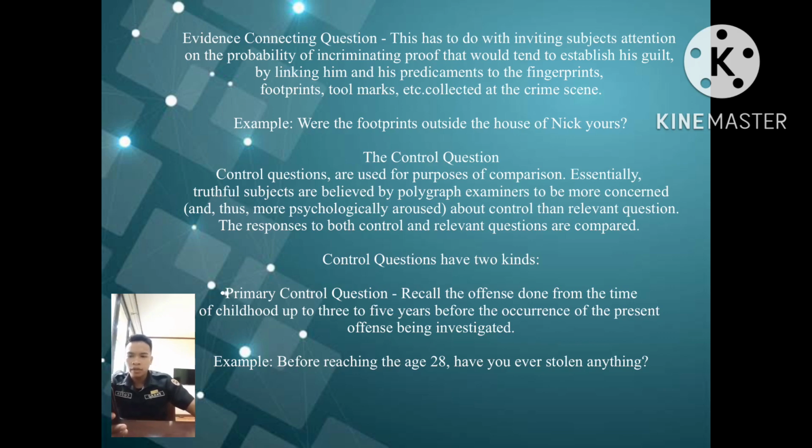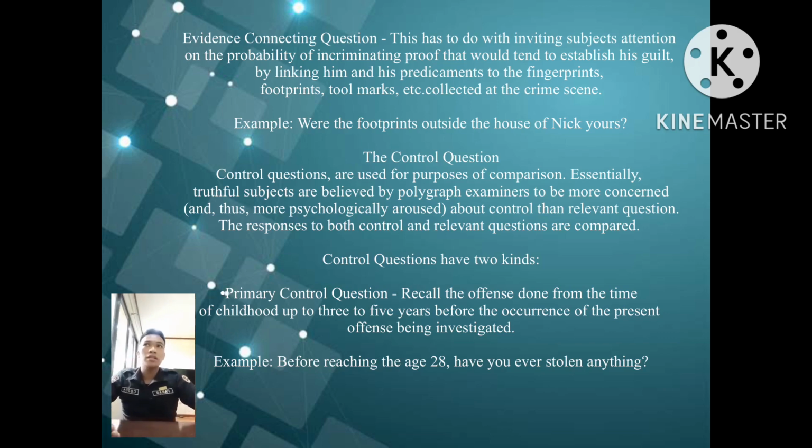So it is said in the primary control questions that from 3 to 5 years before the occurrence, they are going to ask about some offense. Example, before reaching the age 28, have you ever stolen anything?